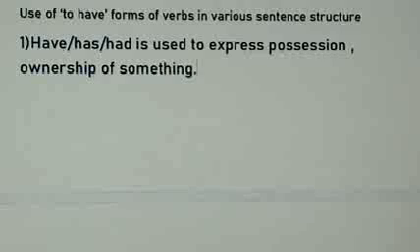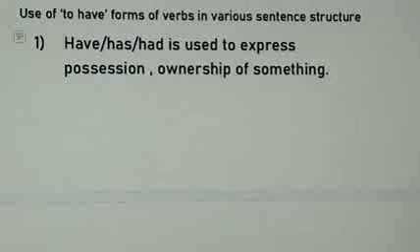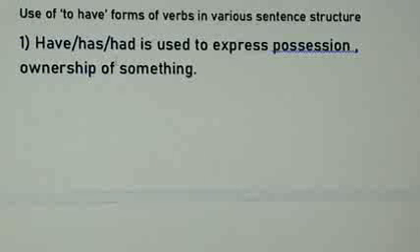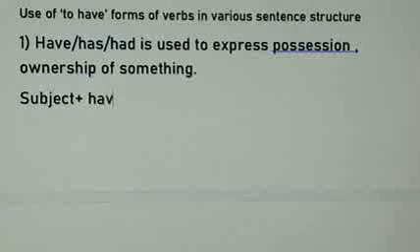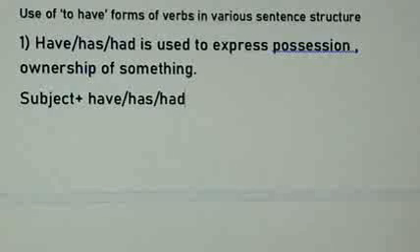Let me give you its structure. For what kind of structure we will use this. Let's see the structure. Subject, then we need to use the auxiliary verbs like have, has, or had.